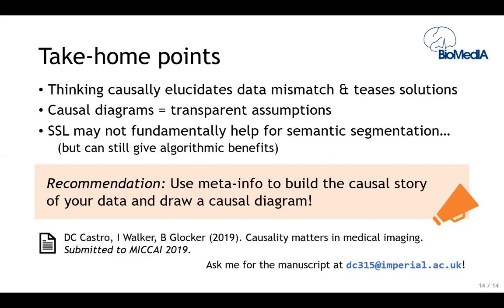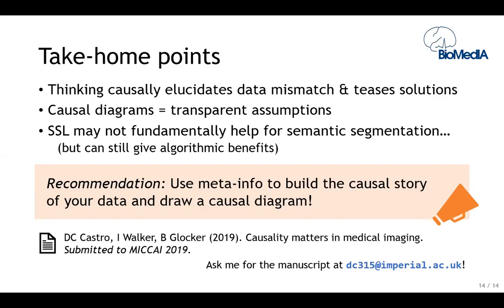And these causal diagrams, just thinking about the causal relationships and writing them down, give us a language to clearly communicate our assumptions, so that anyone reading your work will be able to clearly understand what your assumptions are, and then validate whether they make sense or not.